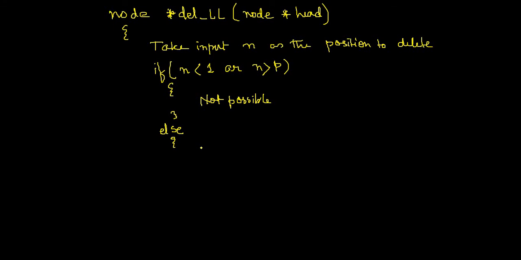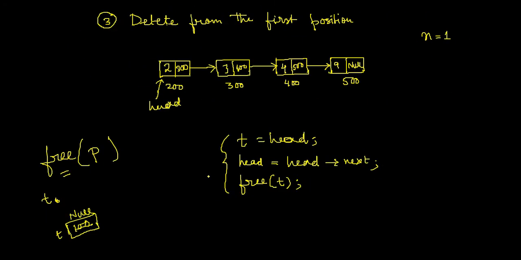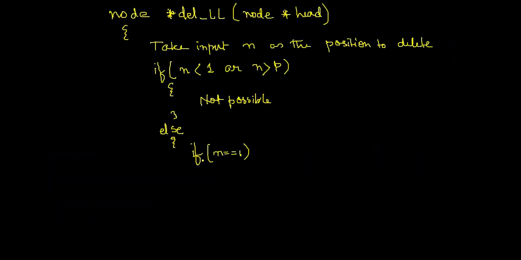then you can have two options, that we have seen in case of the insert operation. If n is equal to 1, then what to do? You will use this set of statements.